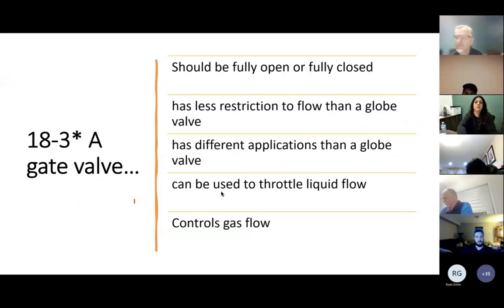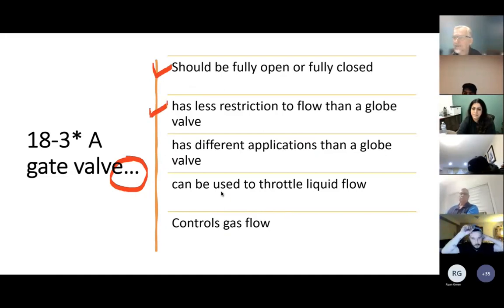A little review of valves. Three things about a gate valve. Fully open or fully closed. Correct. Less or more restriction?